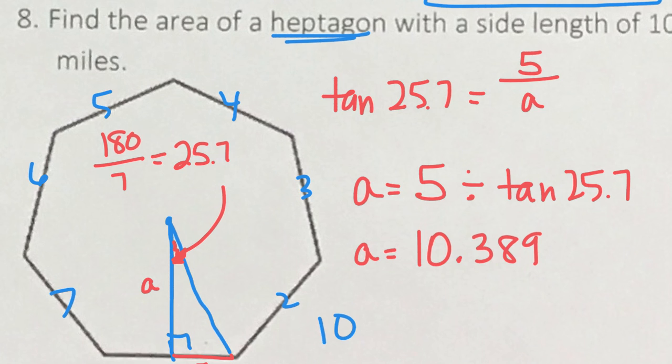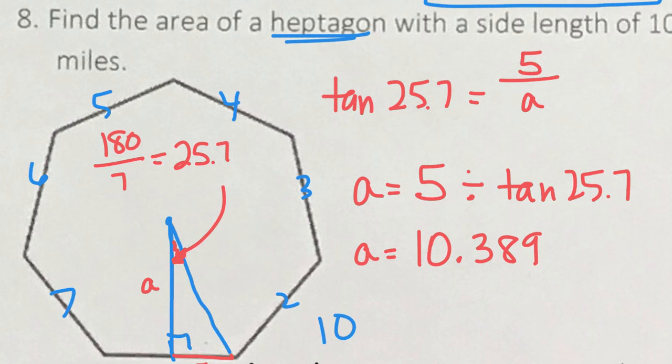So I have my apothem, I have my side length, I know how many sides it has, I can calculate the area. 1/2 of apothem, 10.389, times how many sides in a heptagon? 7, good, 7 sides, and a side length of 10.